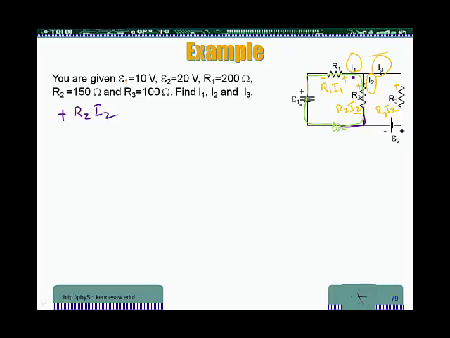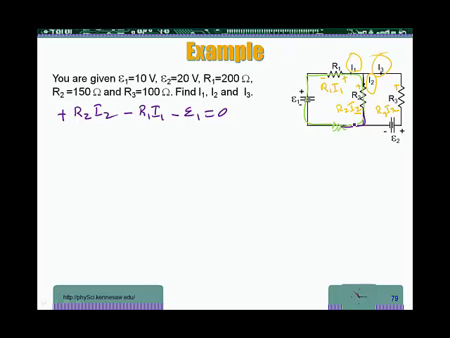And then we meet the plus of R1, so I go from plus to minus, so it's a voltage drop, so it's minus R1I1. And then I go from plus to minus, so it's another drop, so it's minus E1 is equal to 0.